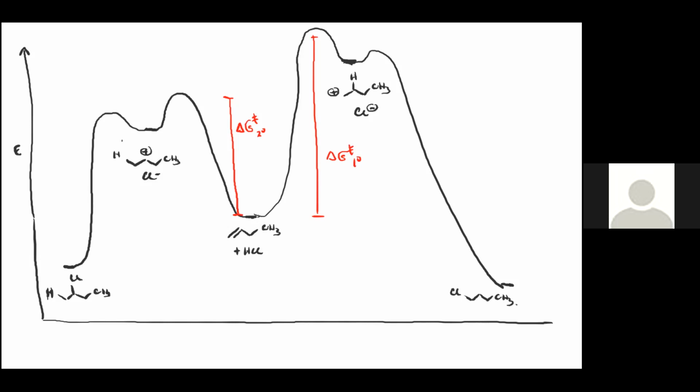And that then leads to an important point, which is we can define a delta delta G here. Okay, and delta delta G is the difference in energy between the transition states, and this defines then the ratio of products.